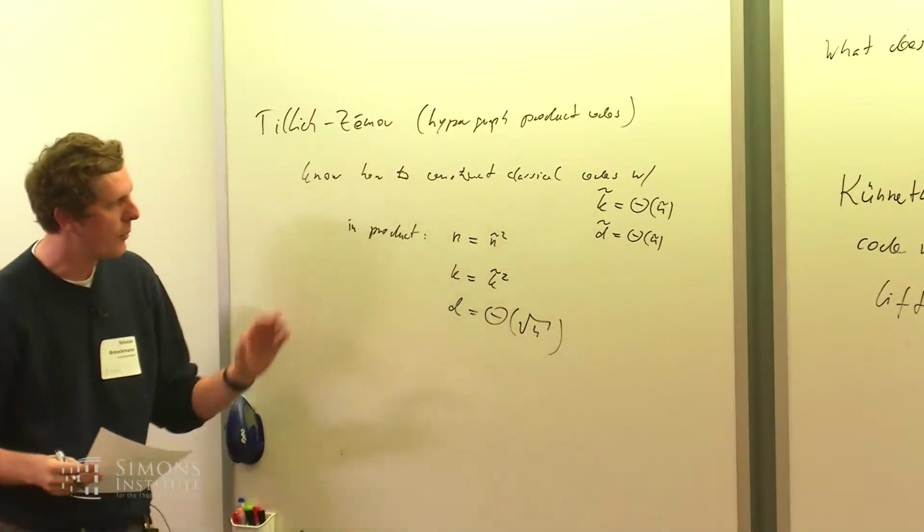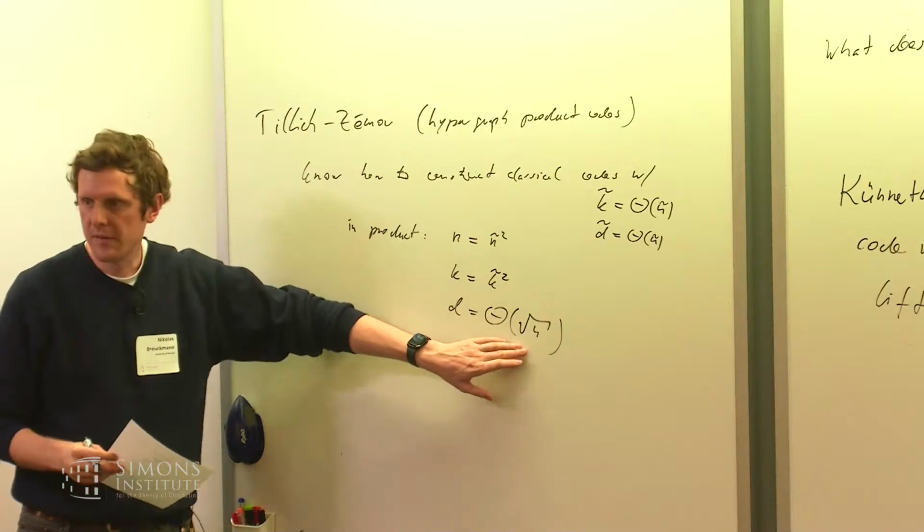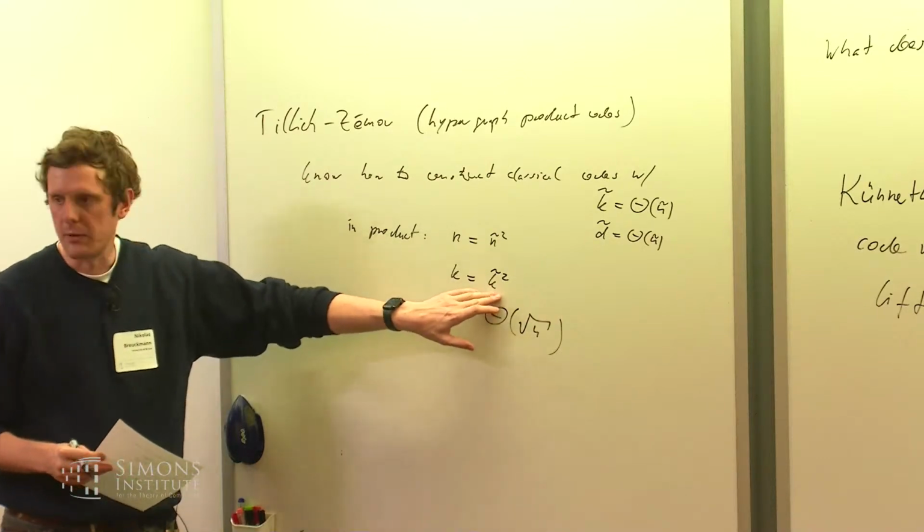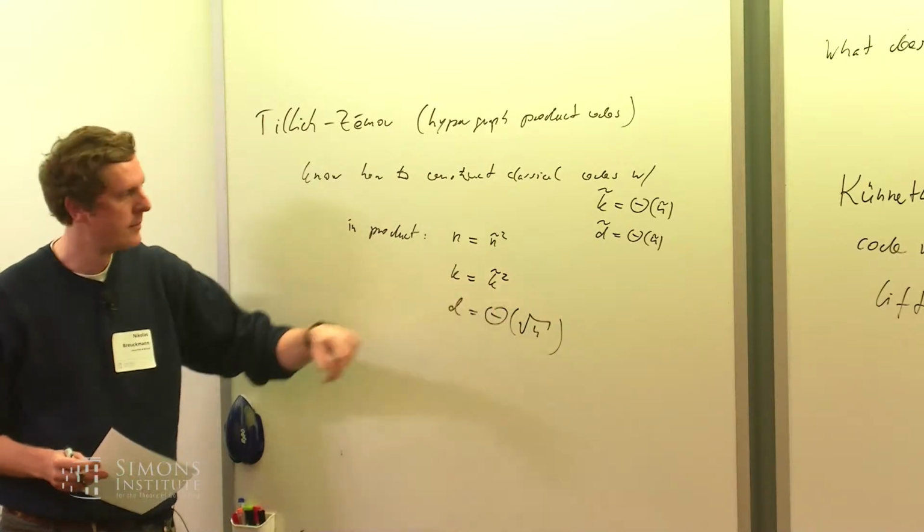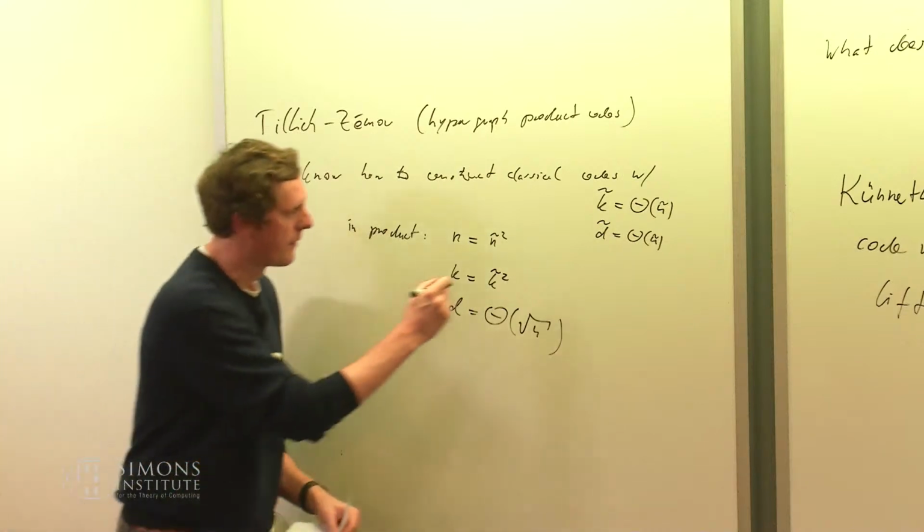So we can get something which has the same distance as a toric code, but a much better encoding rate.